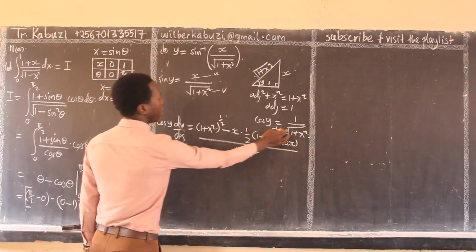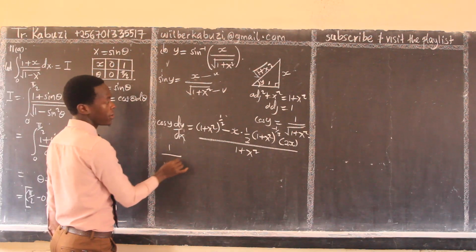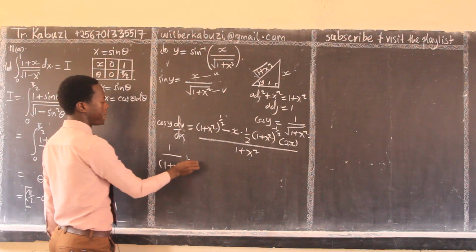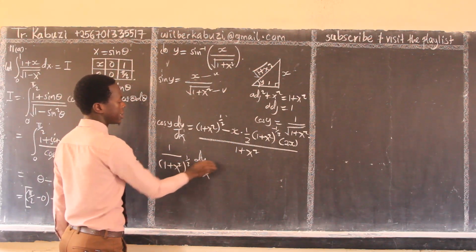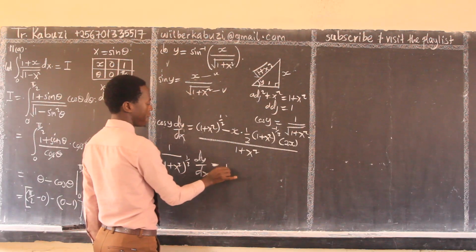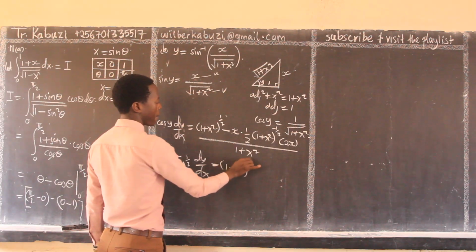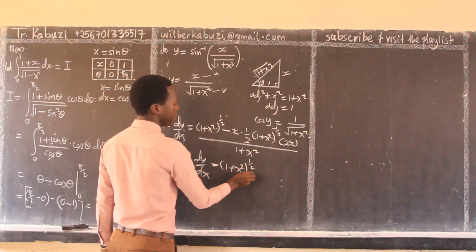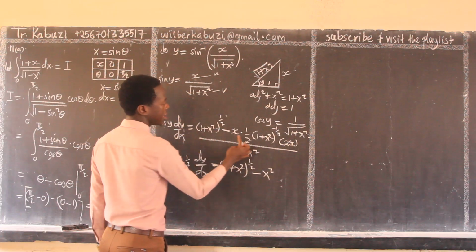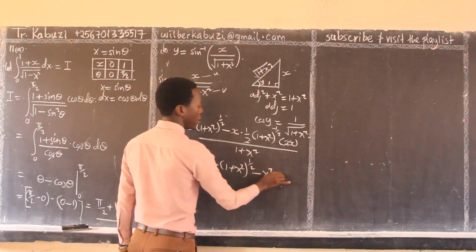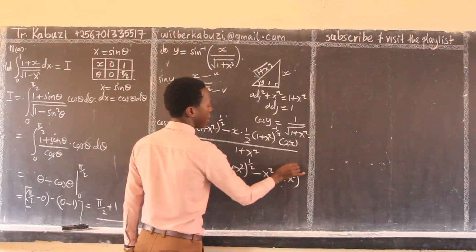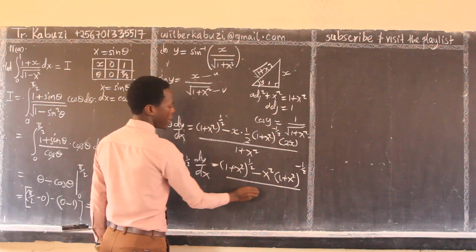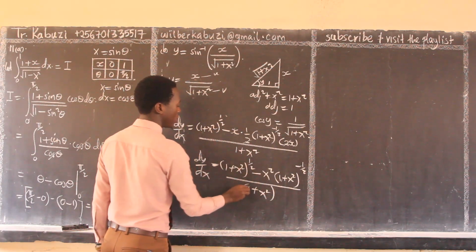But our cos y is here, which will be 1 over 1 plus x squared power half, dy dx. So here I have, now this one is going to go with this to get that x squared, this and this to get x squared, to 1 plus x squared to the power negative a half over 1 plus x squared the whole squared.